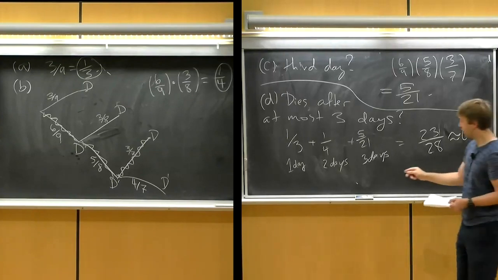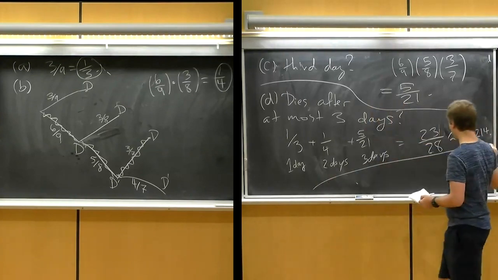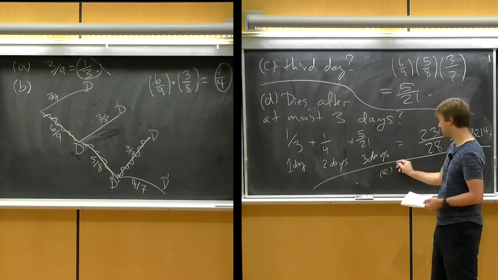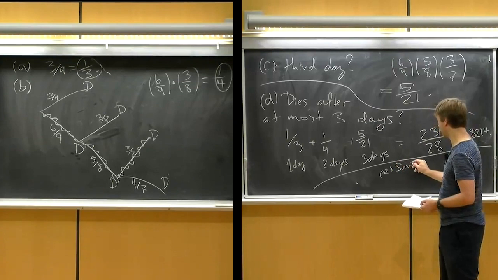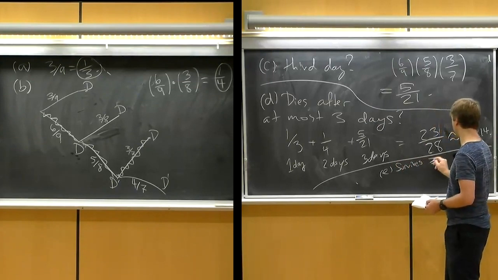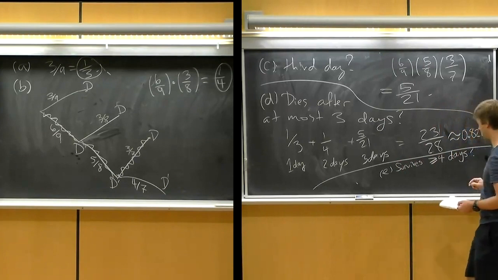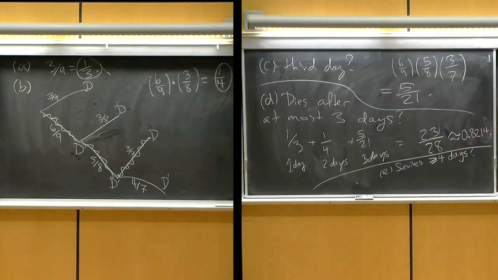What about if you wanted at least 4 days? So that, yeah, survives. Yeah, so there's going to be a really long way of doing this and a really short way of doing it, right?